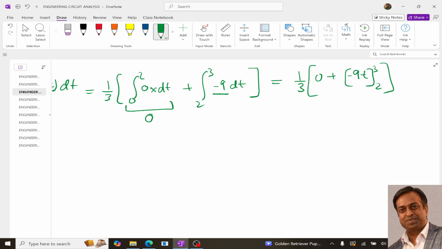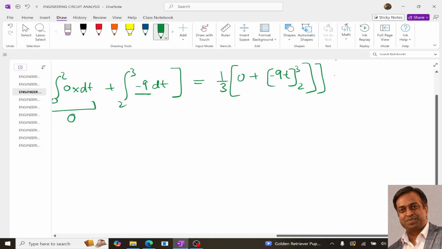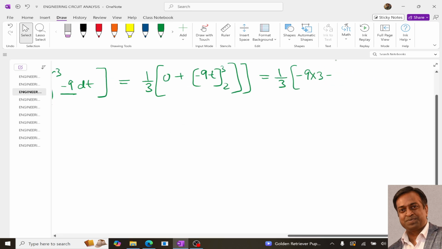So it will be 1 by 3 times minus 9 into 3 minus 9 into 2.